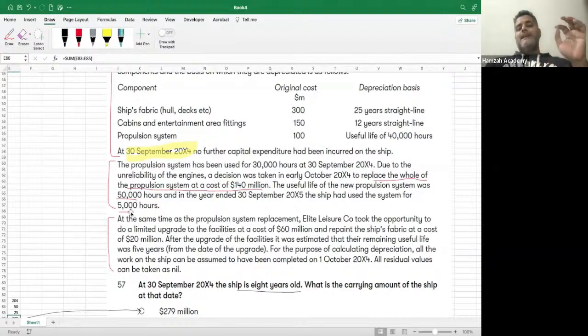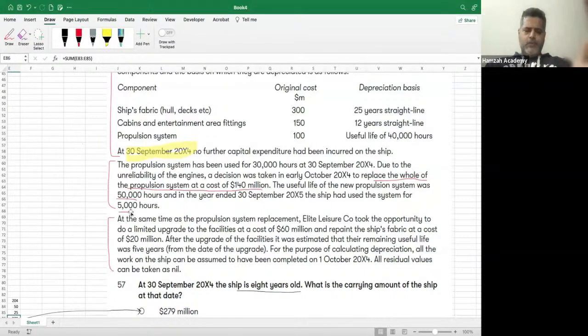In complex assets where we have multiple components, if a component is replaced, the component's old carrying value is de-recognized and the new component's value is capitalized. And the new value, when capitalized, is depreciated over the new useful life of that particular component, right?